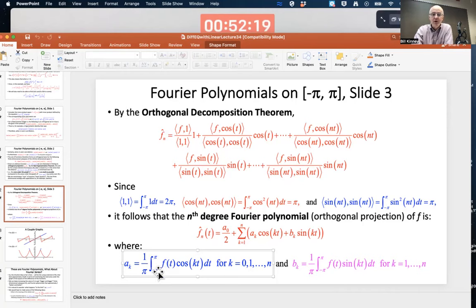This integral is an integral over an interval centered on 0. That integral is going to be 0 because you're integrating an odd function over an interval centered on 0. For this one, you'll be integrating t times sine of kt, and odd times an odd is an even function. You can double the integral from 0 to pi, which makes the integrals a little easier to do.